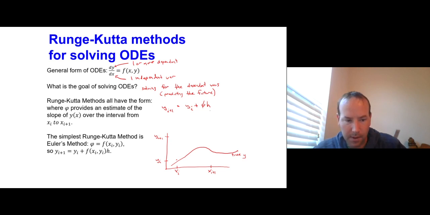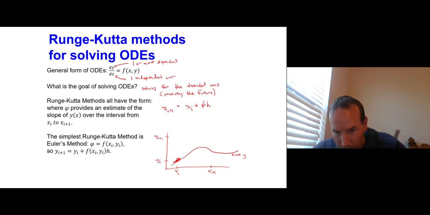But of course, we're making approximations on that. So what we're going to do is start out right here at the current value, and we're projecting out and kind of guessing that that was the right point. And so that, of course, has some error associated with it.